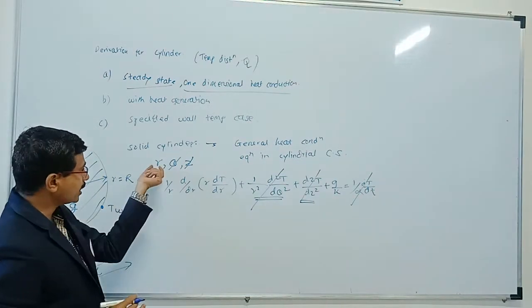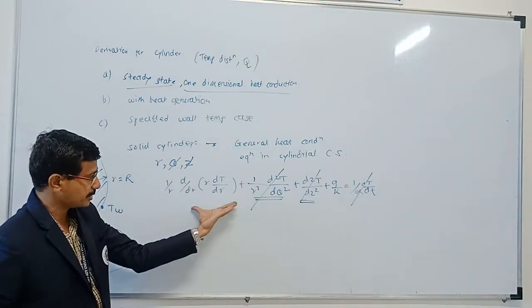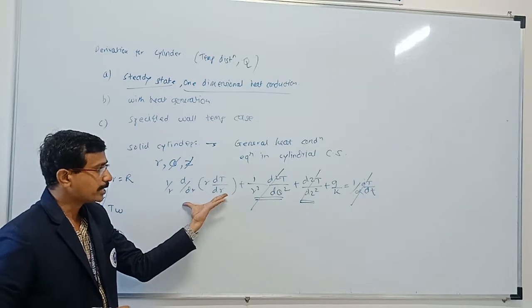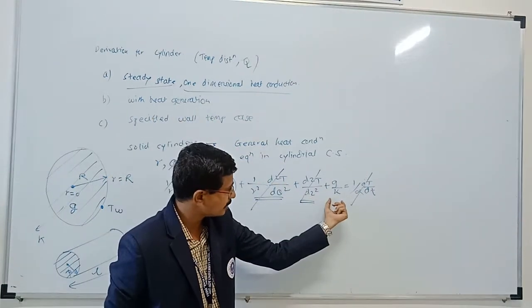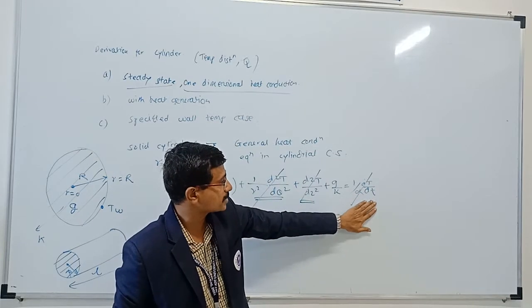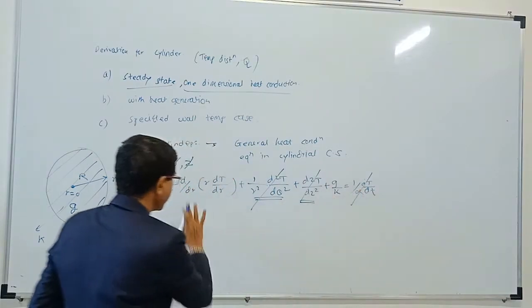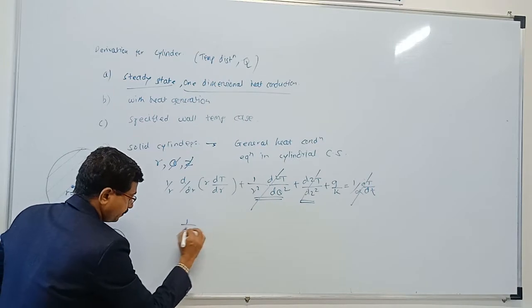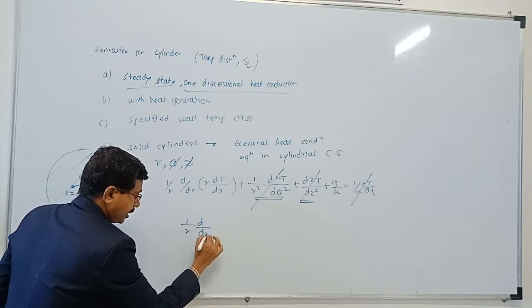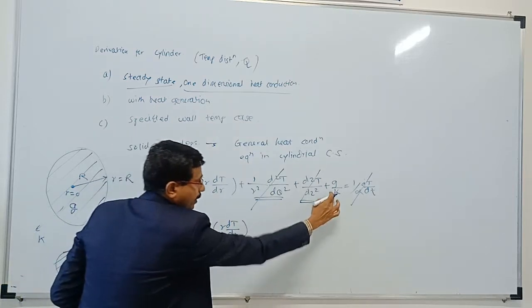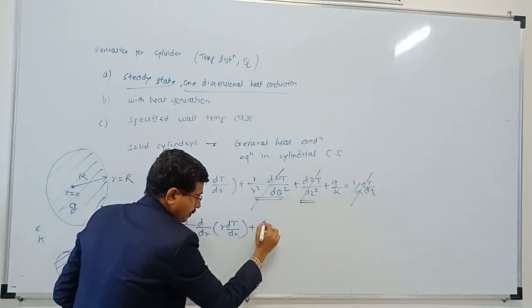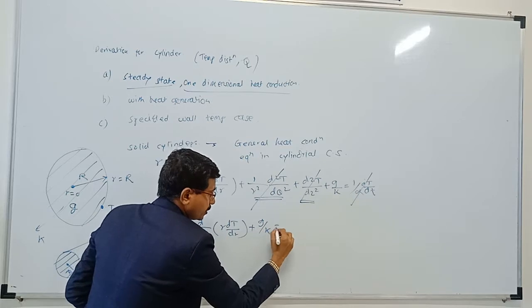So what remains? In one dimension only the r term remains. This is the first term, which includes r. The heat generation term remains as it is. This term, because of steady state, is already 0. So write down the remaining expression: 1 by r d by dr of r dT by dr plus g by k is equal to 0.